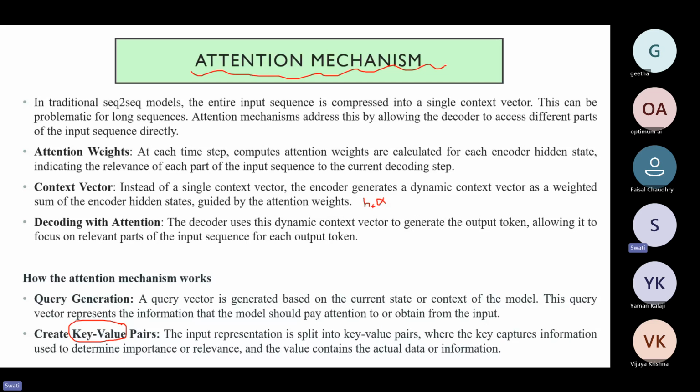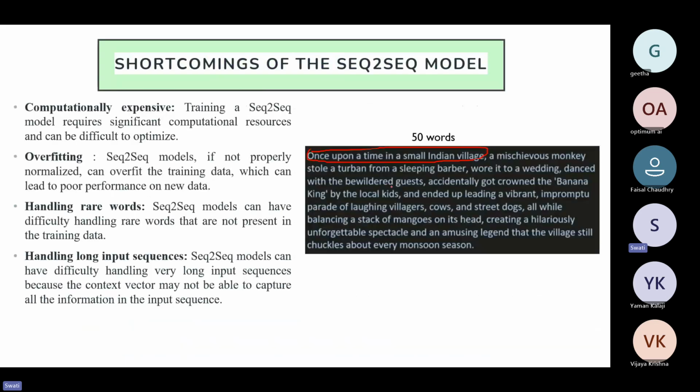What is the main purpose here? To give attention to some words when you translate a sentence, because at a time you may not need the whole sentence to translate one word.